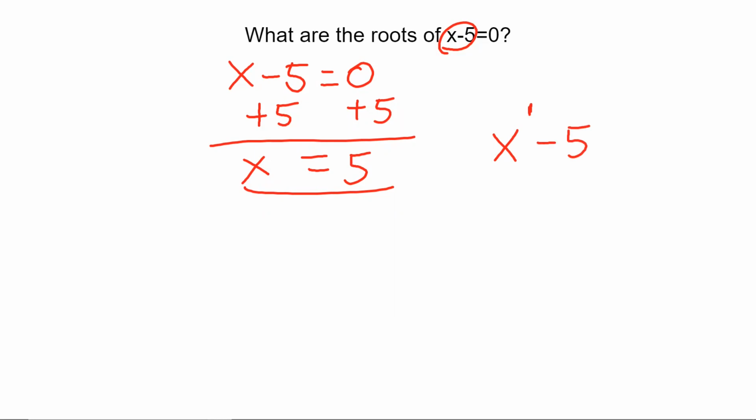And the number of solutions a polynomial has is always equal to the degree of that polynomial. So since the highest exponent of x in this expression is 1, there's only one answer. And our one answer is right here, x is equal to 5. So does everybody get that?